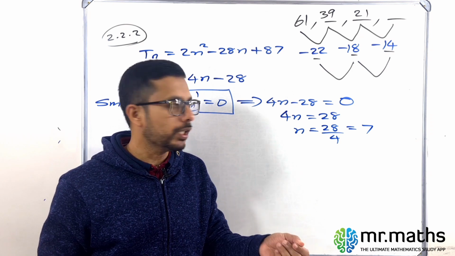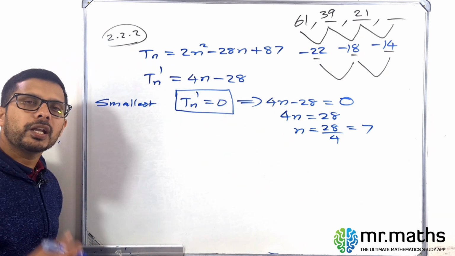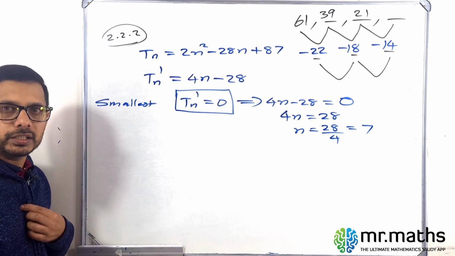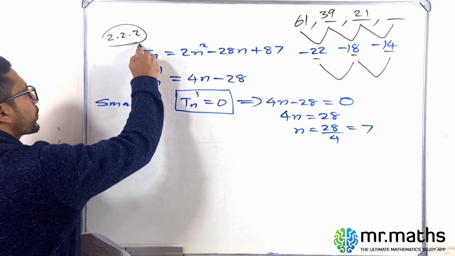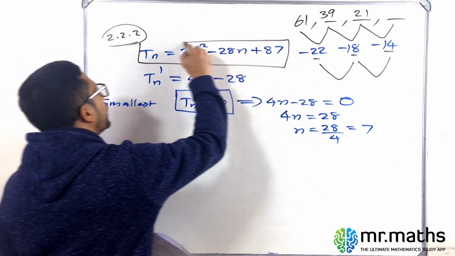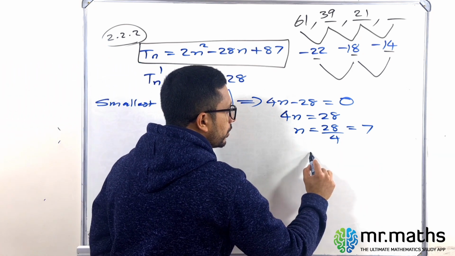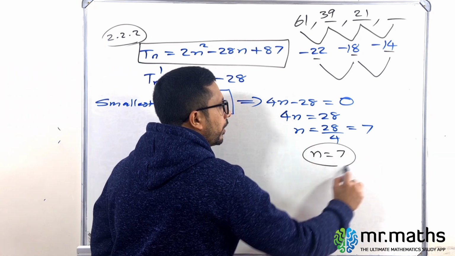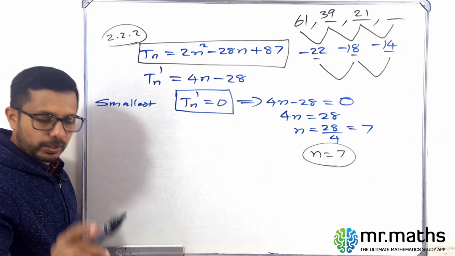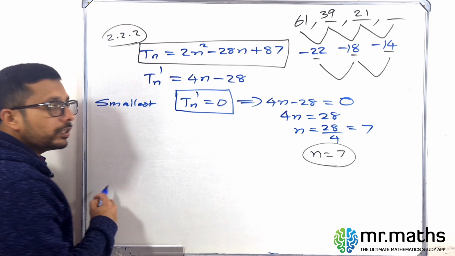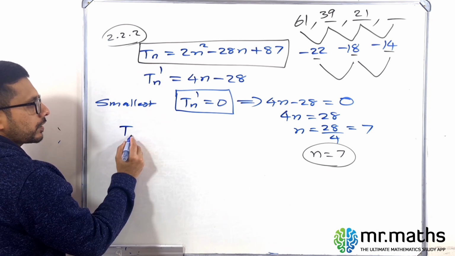Do you understand? Okay. So what is the value of the 7th term? Now we have to find that. We have an expression for Tn, and here we got that n equal to 7 gives you the smallest value of that series. To find that smallest value, you have to substitute the value of n as 7.